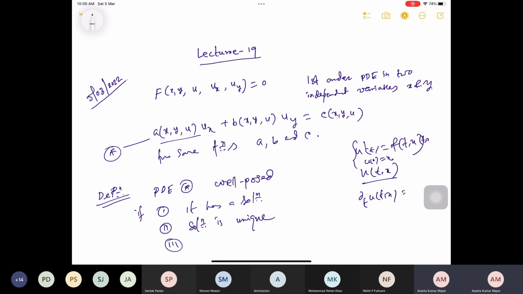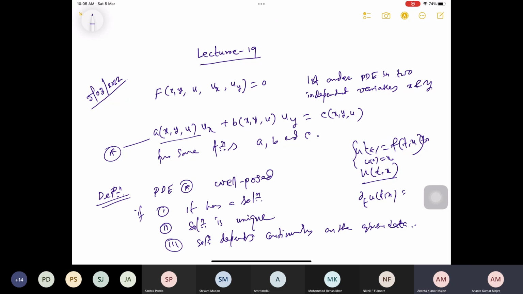And the third condition is that if you vary the initial data or the given data, then the solution should not vary widely, in the sense that the solution depends continuously on the given data.